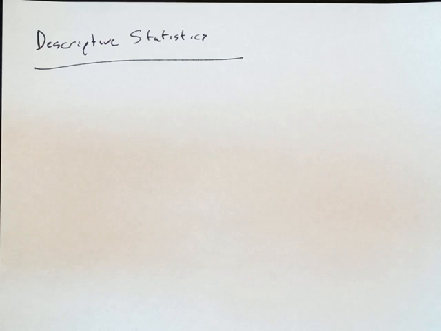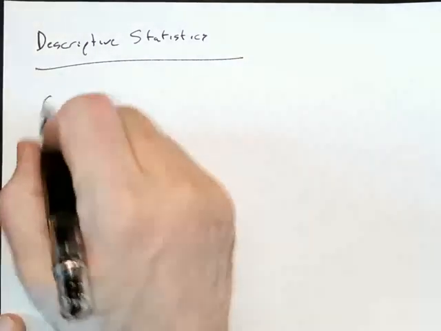When I look at a statistic with numerical value, for a particular population, I look at center, spread, and shape.